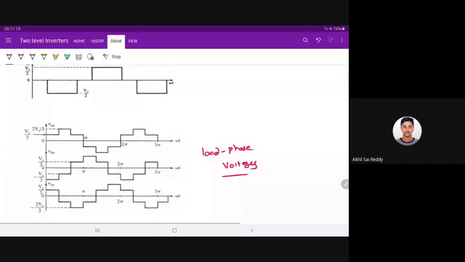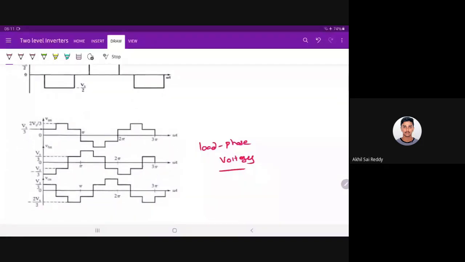You already studied this, and this corresponds to 561, and this corresponds to 612. This is 123. Again, it is 234, and this is 345, and here it is 456, and again it is 561, right?